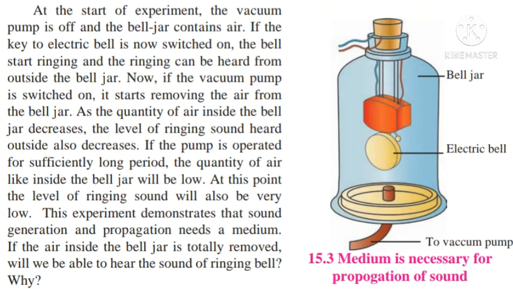As the quantity of air inside the bell jar decreases, the level of ringing sound heard outside also decreases. If the pump is operated for sufficiently long period, the quantity of air inside the bell jar will be low. At this point, the level of ringing sound will also be very low.